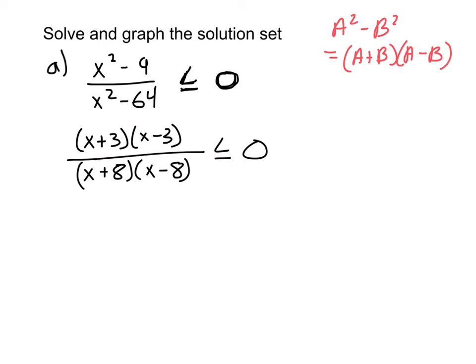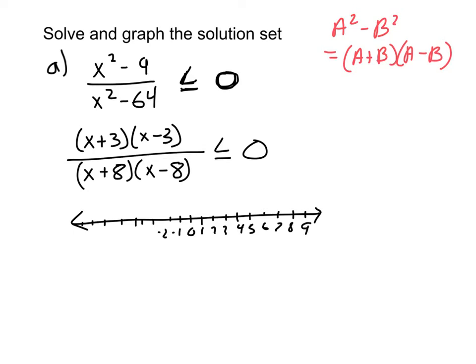So let's go ahead and write this on a number line here. Okay, so I have 1, 2, 3, 4, 5, 6, 7, 8, 9, and negative 1, negative 2, negative 3, negative 4, negative 5, negative 6, negative 7, negative 8, negative 9.